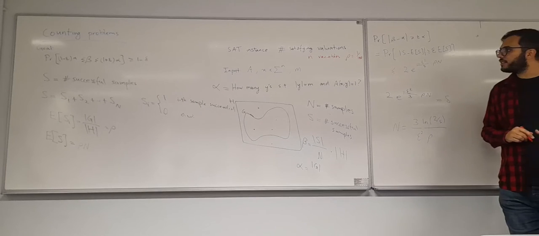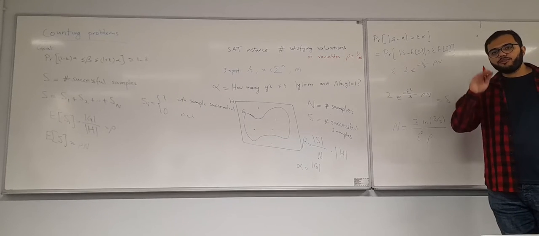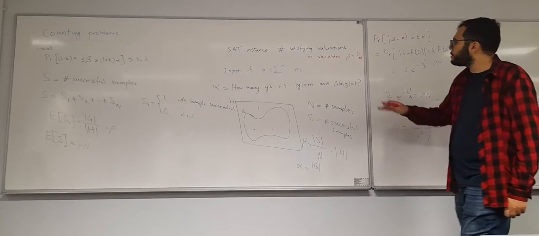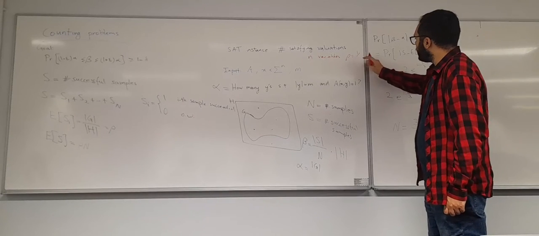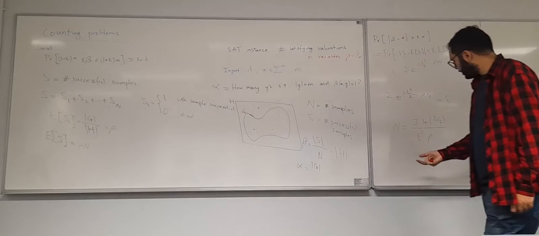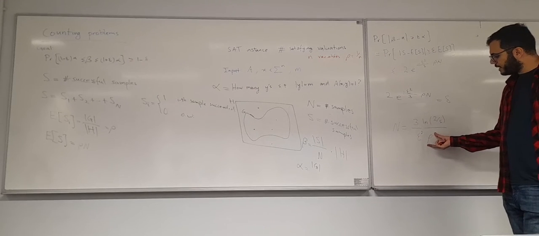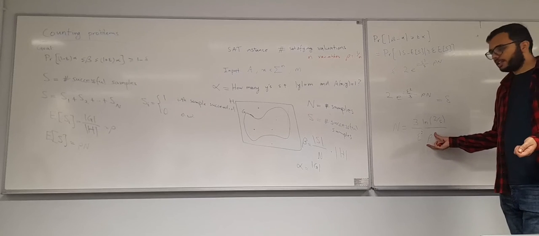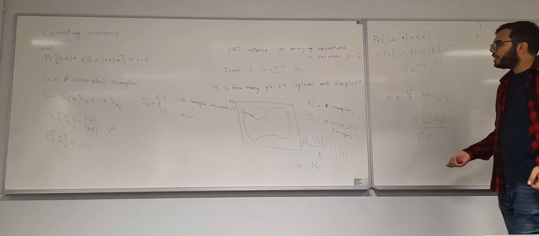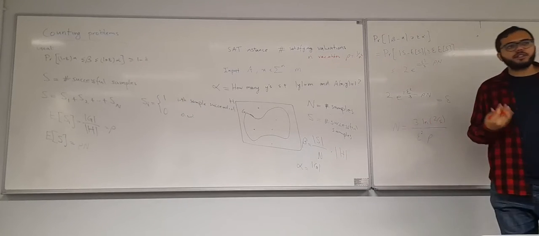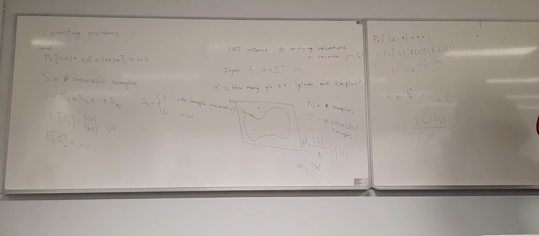I can even handle ratios that are 1 over some polynomial, right? For example, if my ratio is 1/n, then this rho here just tells me that I have to do n times as many samples. If it's 1/n to the power of 5, again, the same thing. My runtime remains polynomial.